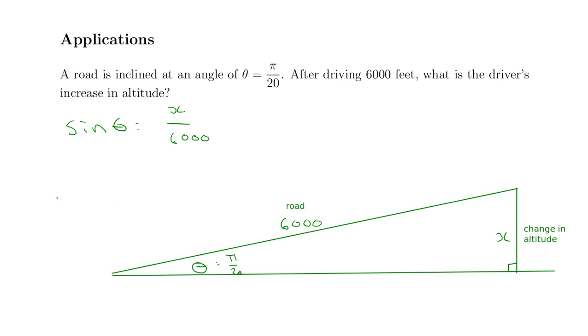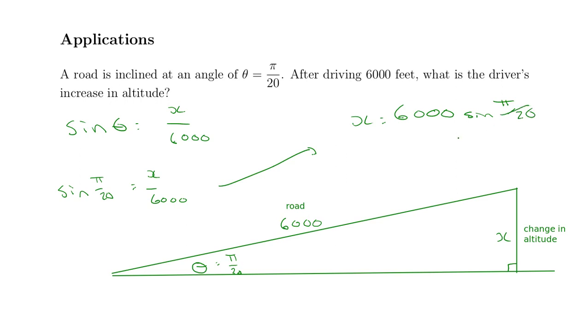Theta is pi over 20, so sine of pi over 20 equals x over 6,000. So if we want to solve this for x, x is 6,000 times sine of pi over 20. Whatever that is, grab your calculator and we'll see if we can figure out what this thing is.